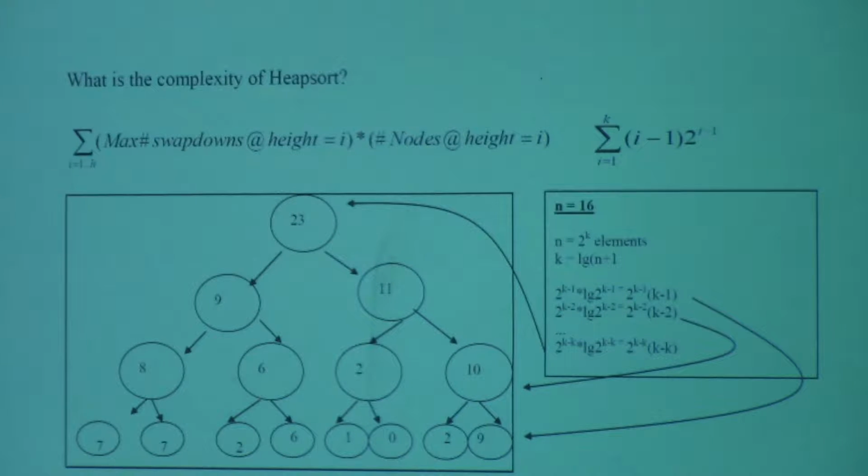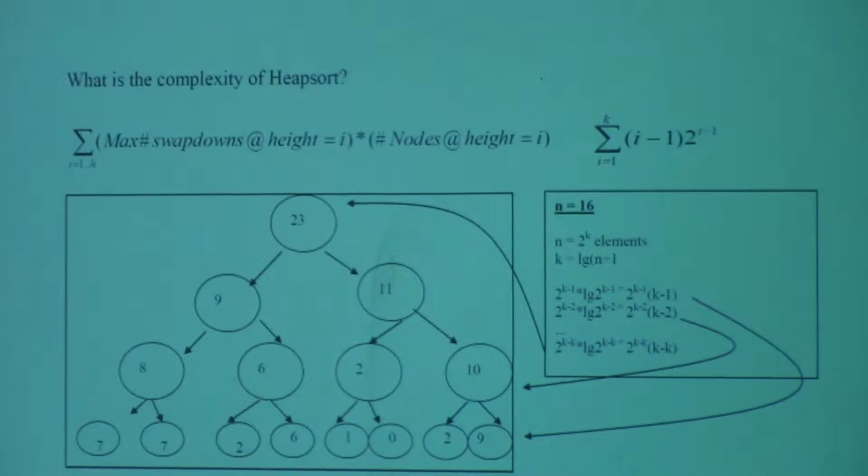What is the h value here of this tree? It's 4. So what is 2 to the third power? 8. So that's the number of nodes at the bottom level. So when i is equal to h, 2 to the h minus 1 is the number of nodes at the leaf level. Again, we're assuming a full tree for simplicity.